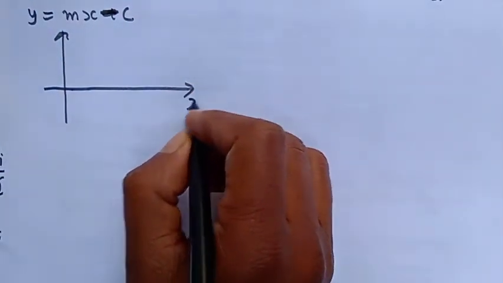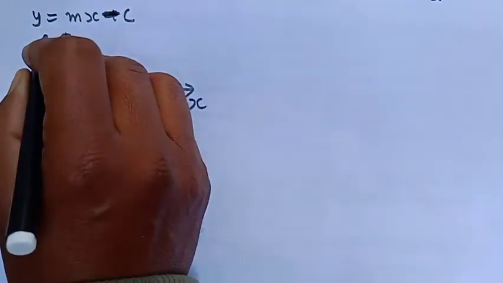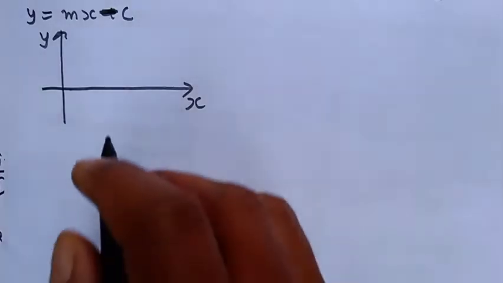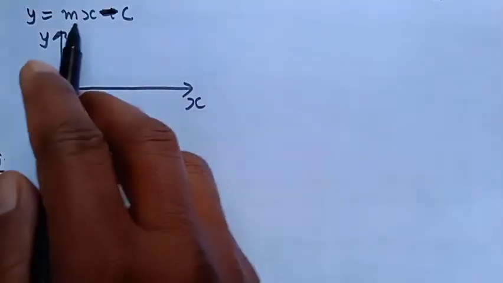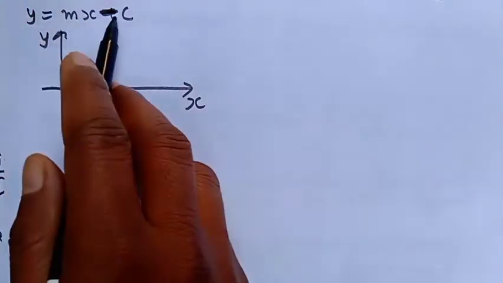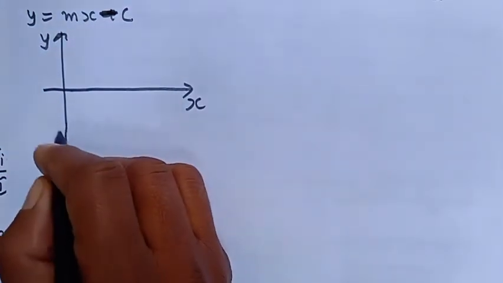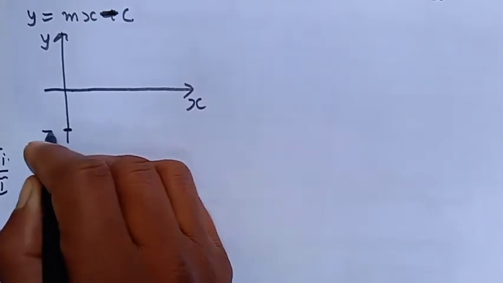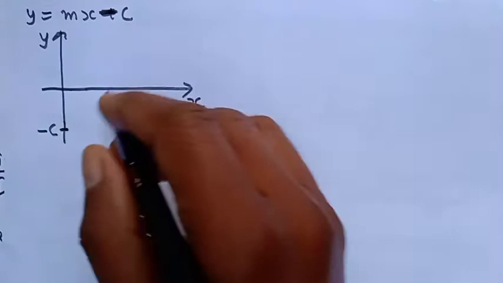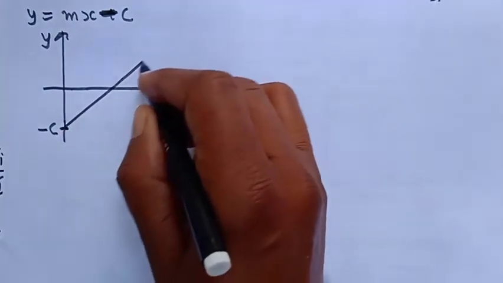We will be interested in this entire discussion. So when x is 0, the value of y will be minus c, somewhere here, and other than that, it will be a straight line.